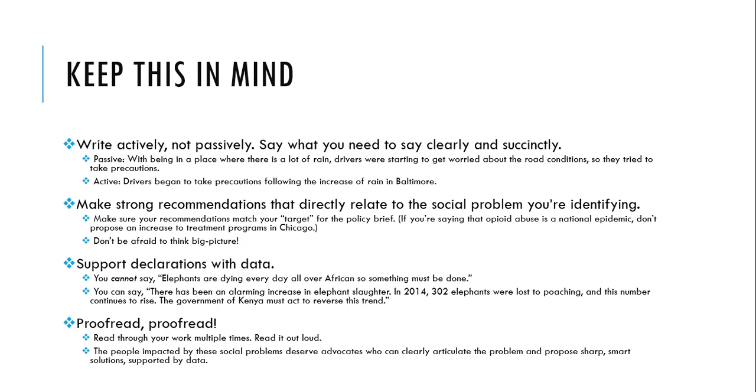So specify who is responsible, right? In the description of your problem, you might talk more about the elephants that are being slaughtered by poachers all across Kenya. You're going to point to the numbers to show that this is increasing, that it's been identified as a growing problem, and you're going to signal that the government of Kenya is responsible, and you might talk about why that is.